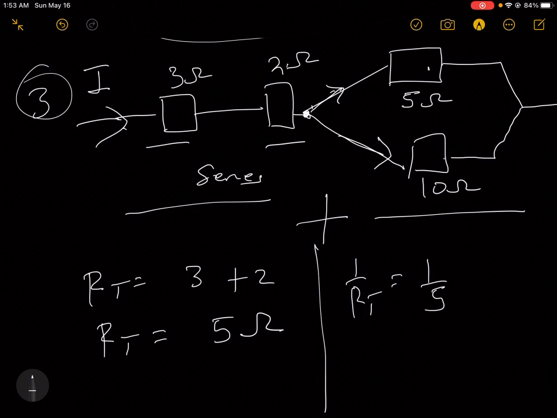Solving parallel is always 1 over something. So 1 over 10. So solving that, 1 over 5 plus 1 over 10, your answer is 3 over 10. 3 over 10, 1 over RT.